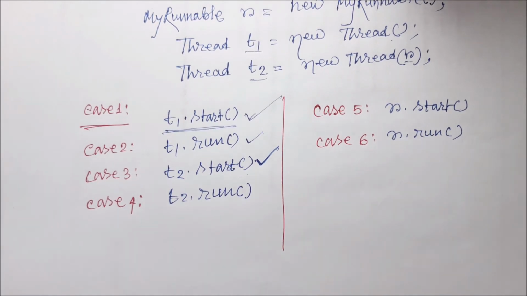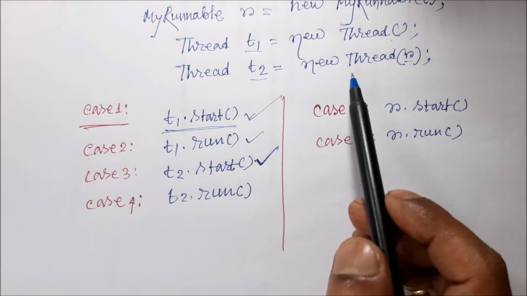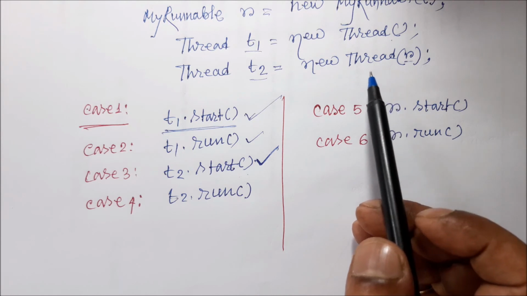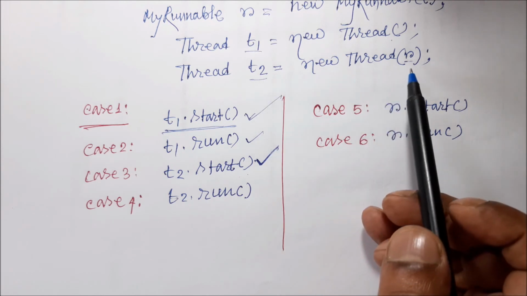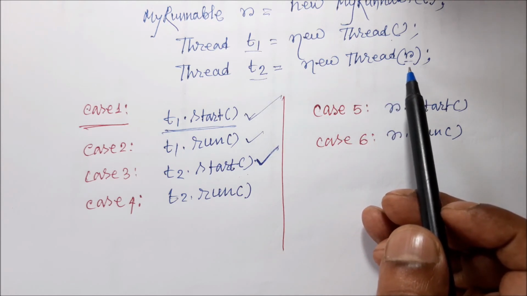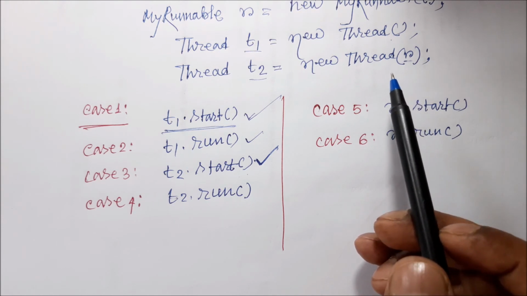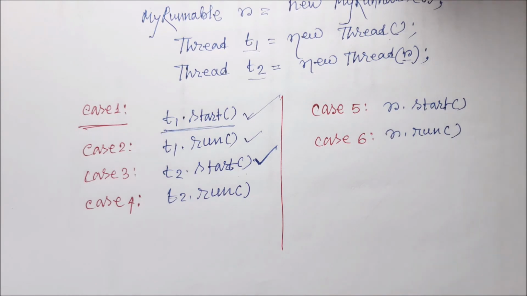You have already seen that here t2 is the object which is created when we pass the target runnable object. So a new thread will be created.